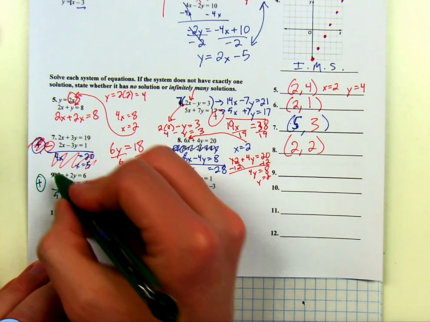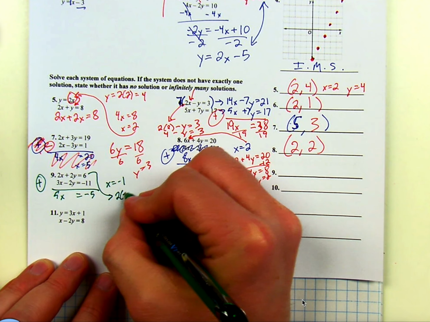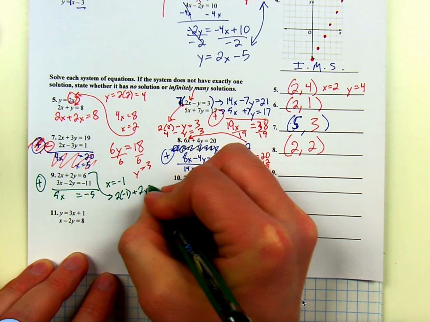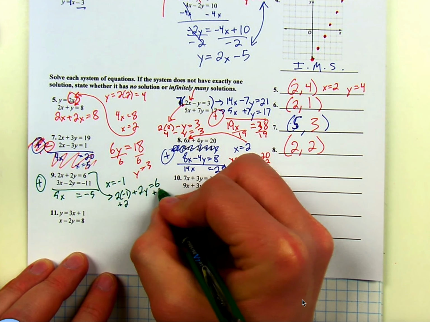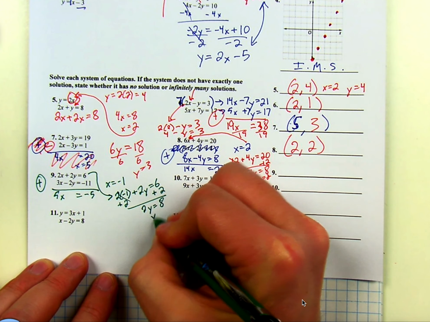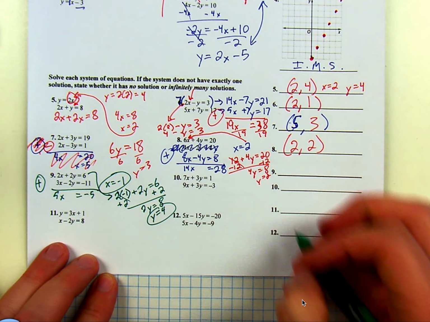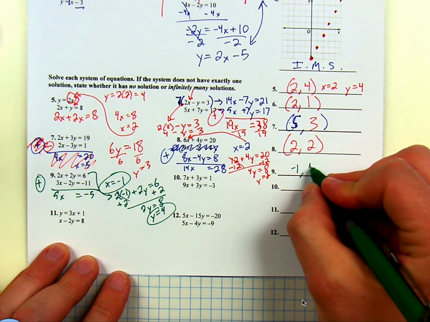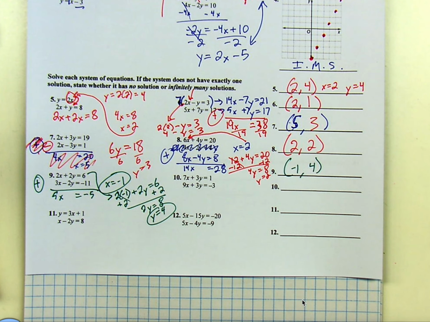If x equals -1, 2 times -1 plus 2y equals 6, right? So that's -2, so I'm going to add 2 to both sides. 2y equals 8, y equals 4. There's my solution. -1 for x and 4 for y. We're doing great so far. And I'm just going to keep on eliminating.